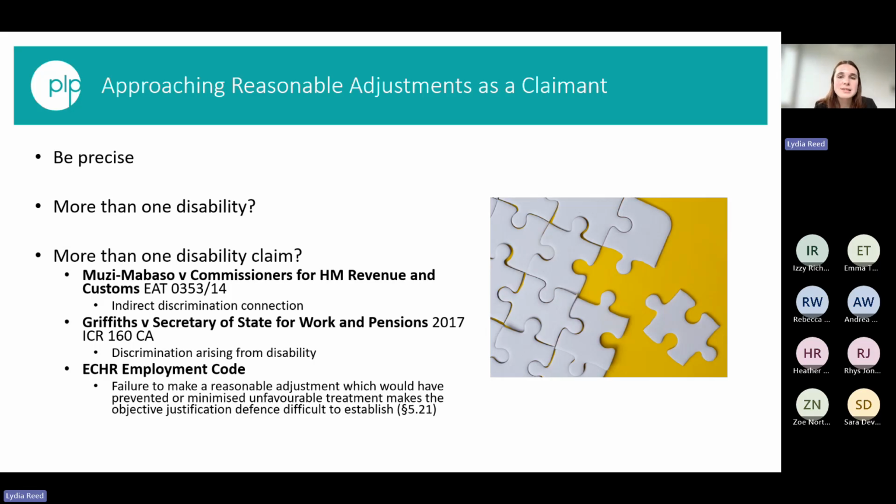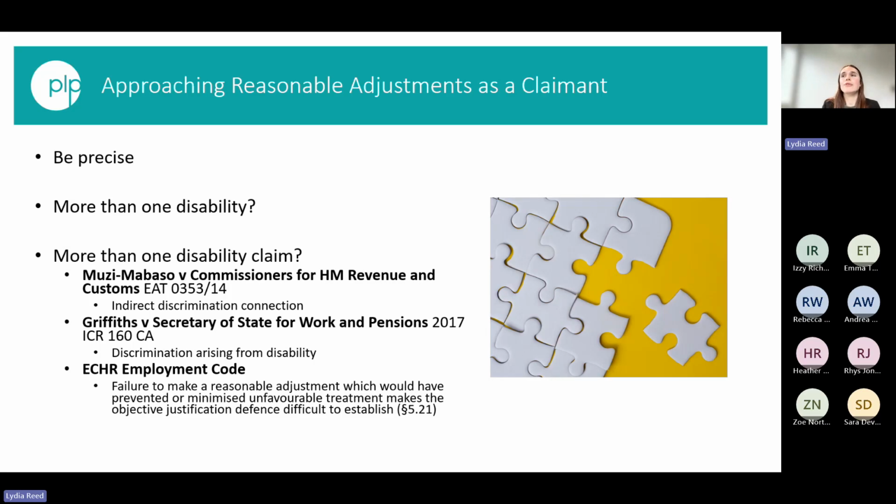So be precise about how that will make your claim look when construing it in your pleadings or in the list of issues. Identifying the PCP and then the consequences of that with precision is really helpful.